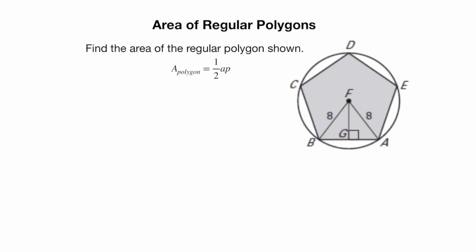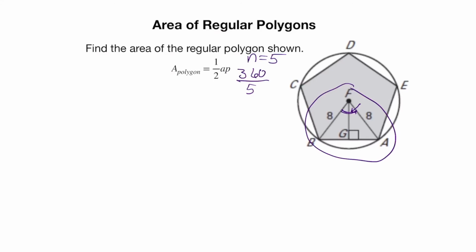So let's see if we got the same answer here. I've got the little picture here. I need to find out what this angle measure is, because I am going to want to use the trigonometry. Let's see, this is a pentagon, so my n is 5. And so I want to find what one of these central angles are. So I'm going to take 360 and divide it by 5.